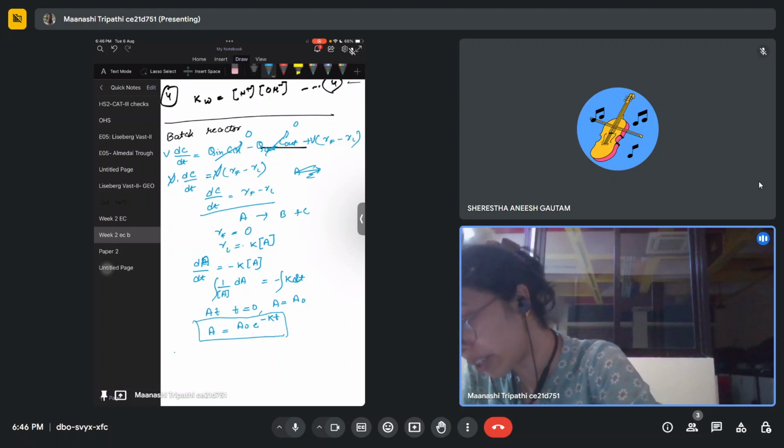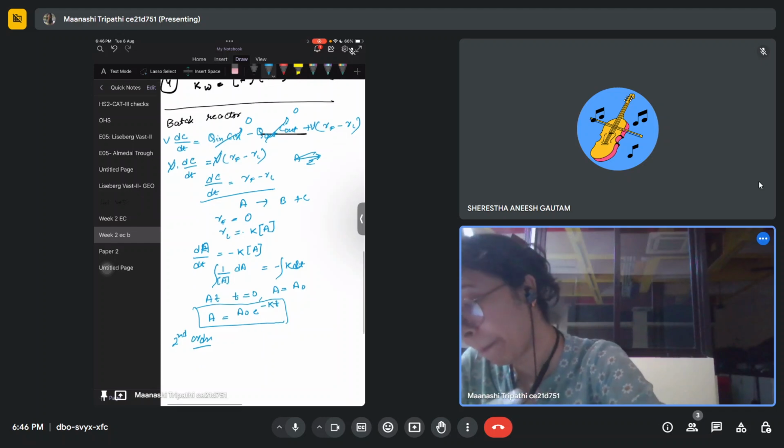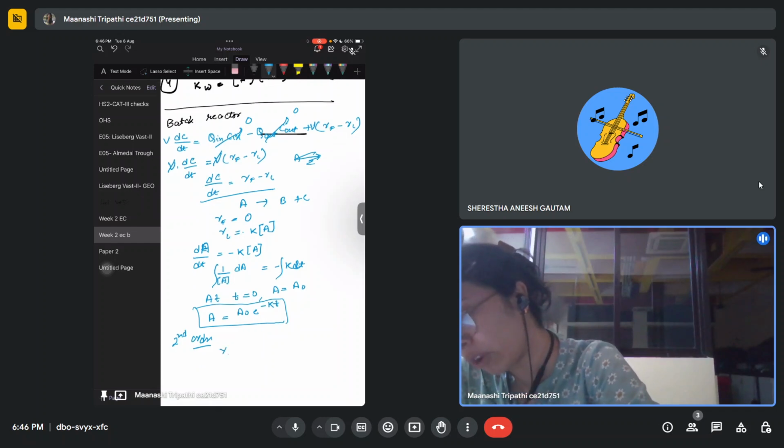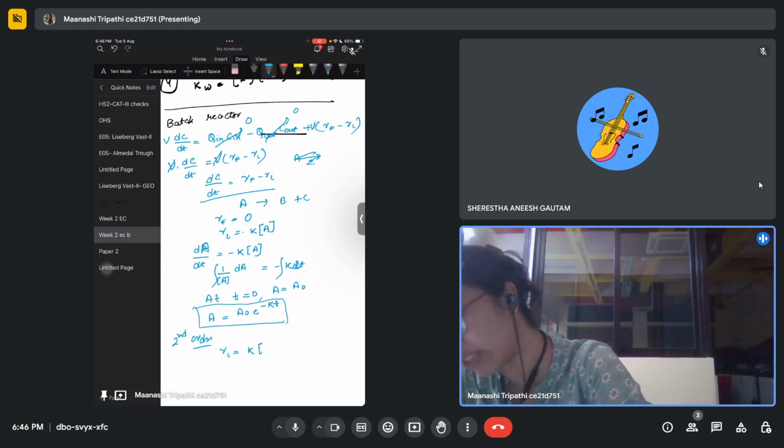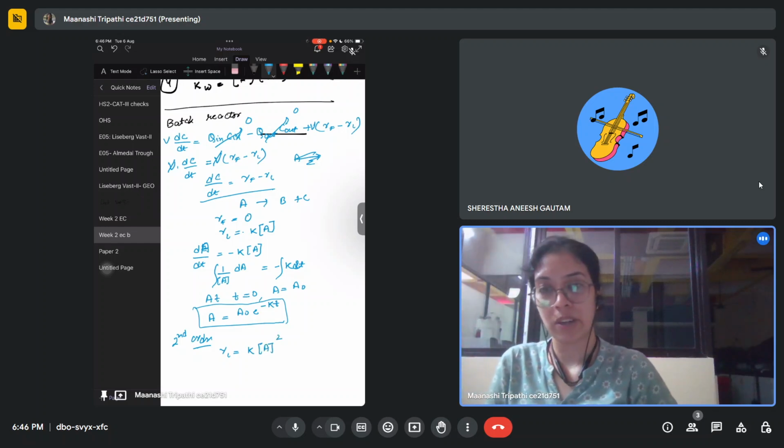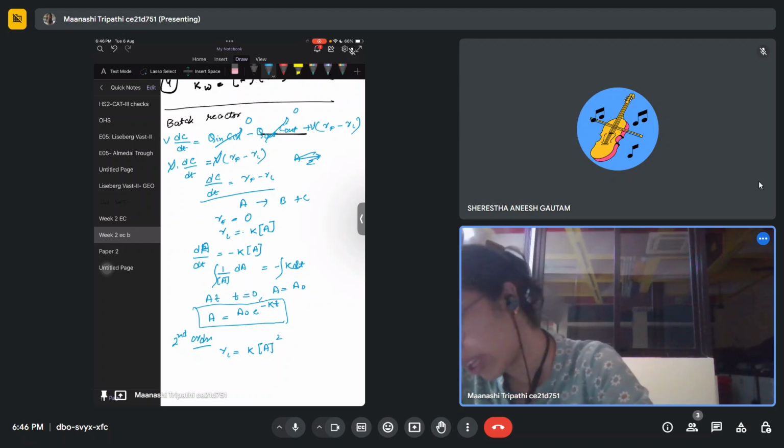If we consider the rate of reaction as second order, then what will happen? Rate of loss is equal to K A squared, right? This is a second order reaction. Then dA by dt is equal to minus K A square.